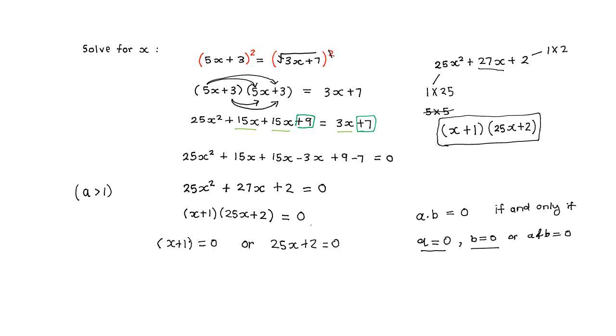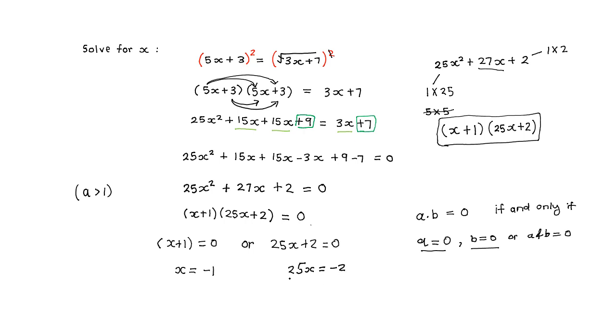For this first one, it's very easy. To solve for x, you just need to subtract 1 from both sides. So then you'll have x is equal to negative 1. For this one, we have two steps. So we have 25x is going to be equal to negative 2.